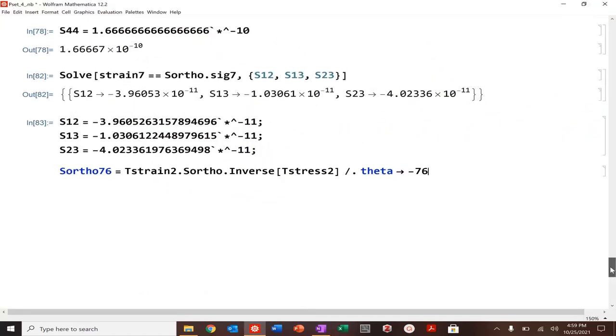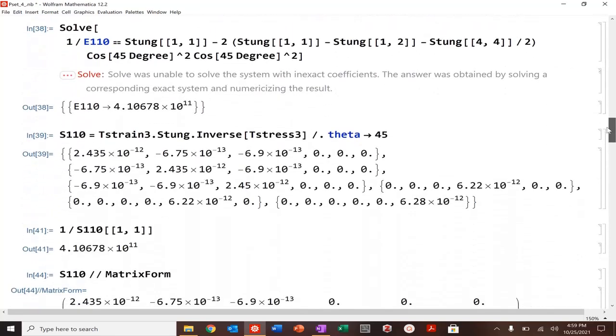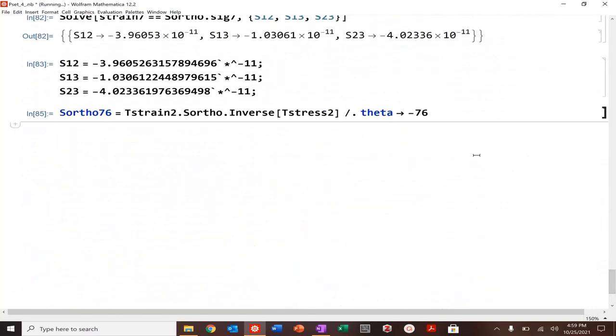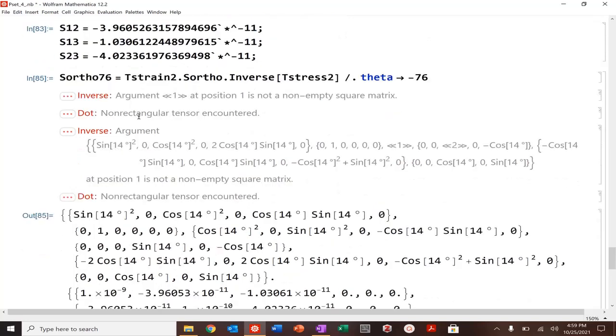And let's just go up and make sure that whenever we're doing the primes, yeah, strain and then inverse stress. Got that.